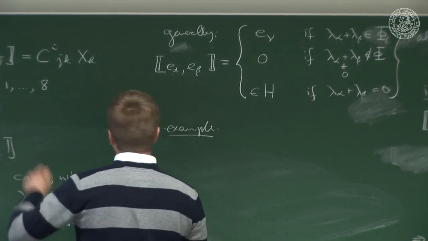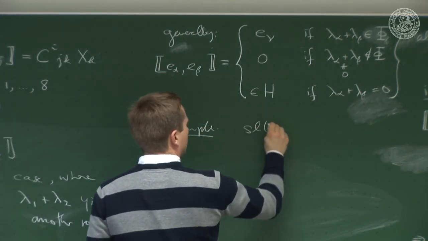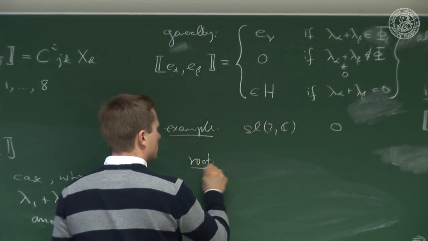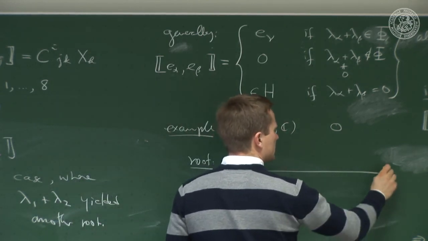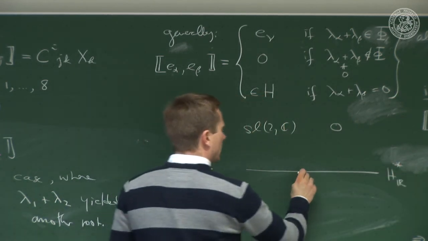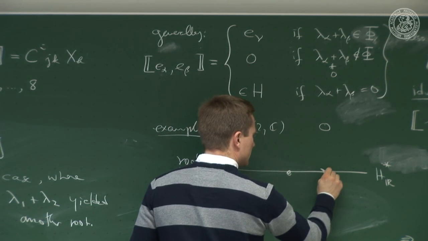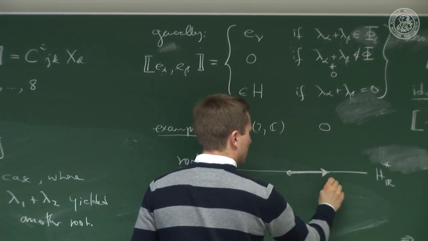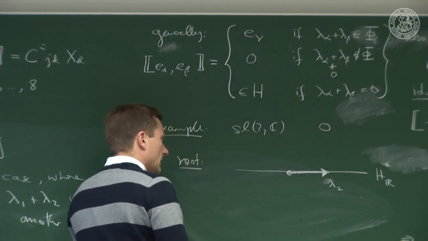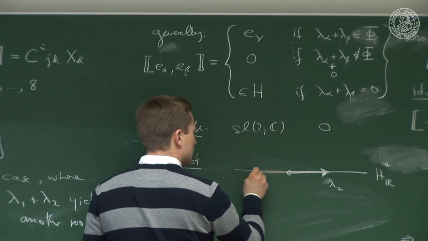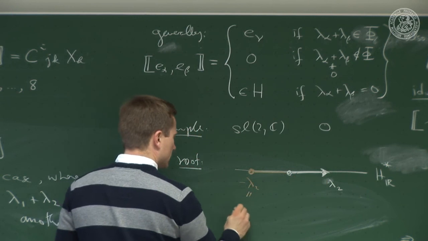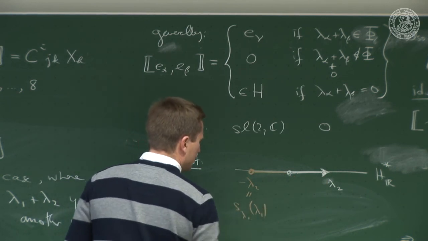An example we had before that is again simpler was SL2C with this Dynkin diagram and this root space. We didn't draw it at the time, but we know that the root space is one-dimensional, so that's H, well, the realification is real one-dimensional, and we had only one fundamental root, that was this one. That was the fundamental root. At the time it was called lambda 2. Of course, by action of the Weyl group, we get the opposite, minus lambda 2, which you could get by S lambda 1 acting on lambda 1.